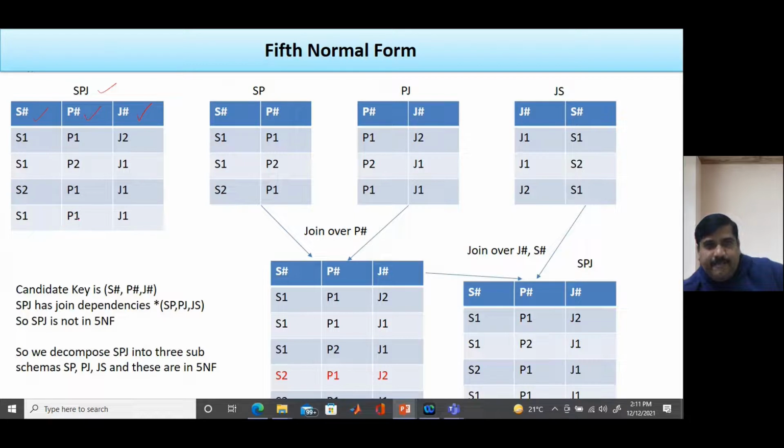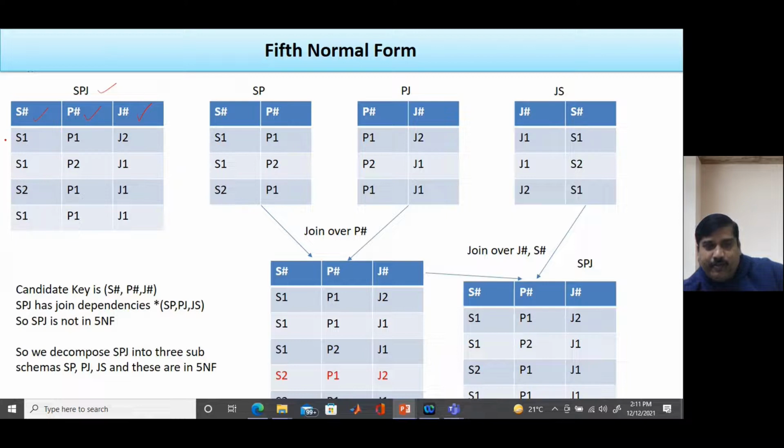See this table. Here there are no non-trivial multi-valued dependencies. Why? Because for the multi-valued dependency S multi-determines P number, there are conditions that should be satisfied in this SPJ.